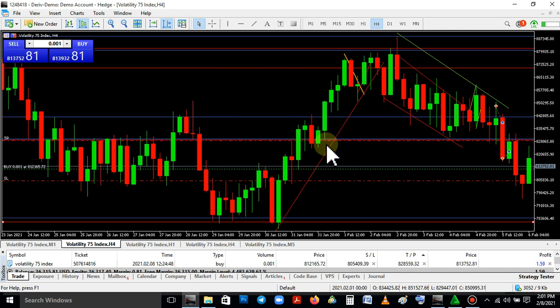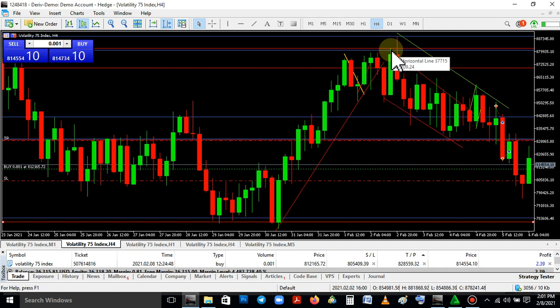You see how important that level is. Now it crossed another resistance here and turned it to support. Price went all the way, crossed here, but it was attempting this level. It even came down and then went up and finally tested that level.